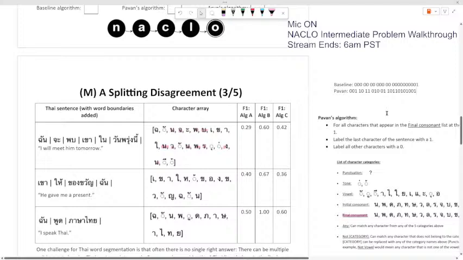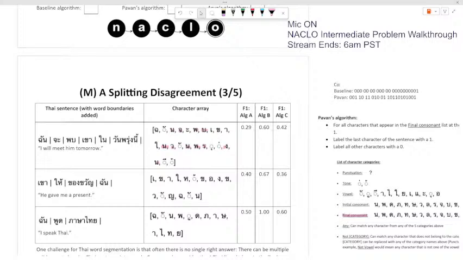Alright, that's Pub 1. And then, let me just put a correct answer. Correct would be 0, 0, 1. No, it would be something like 0, 0, 0, 1.